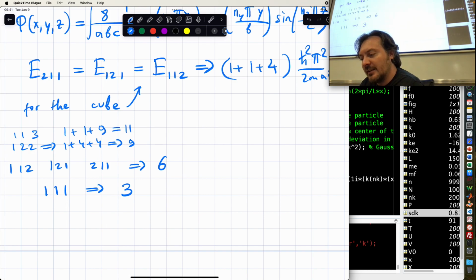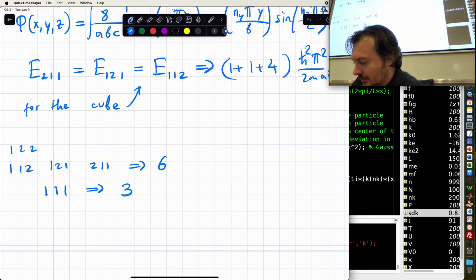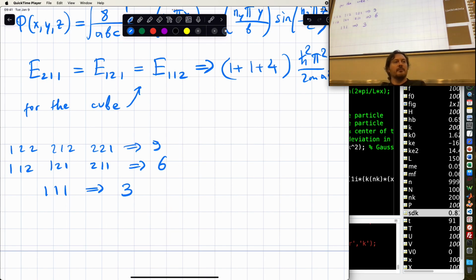So the second excited state is 1, 2, 2, 2, 1, 2, 2, 2, 1, and it's 9. It's like that. That's the end of the question.